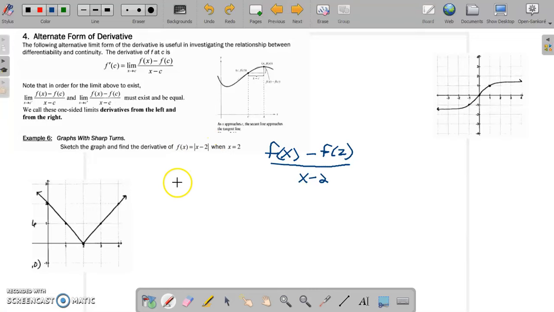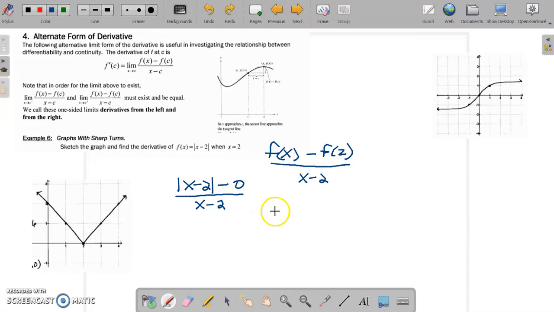So what I basically have here is the absolute value of x minus 2 minus 0, because f of 2 is 0, okay? Correct? If I plug in a 2 here, I get 2 minus 2, which is 0. So this is 0, divided by x minus 2.